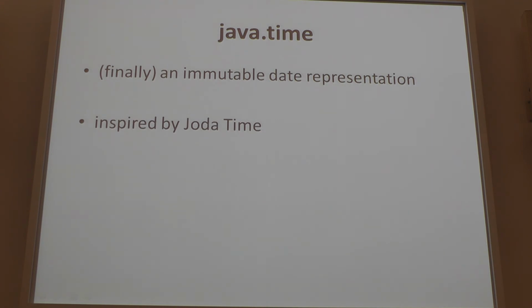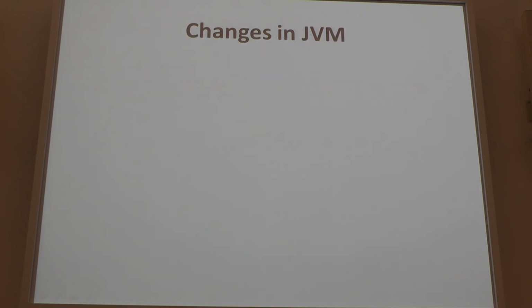Because it's painful if you're programming in Scala and everything is immutable and functional, and you have to use Java util date or Java util calendar. Of course, there is the Joda time library, and this API is, I think, heavily inspired by Joda time. But it's nice to have something like that directly in the standard library.